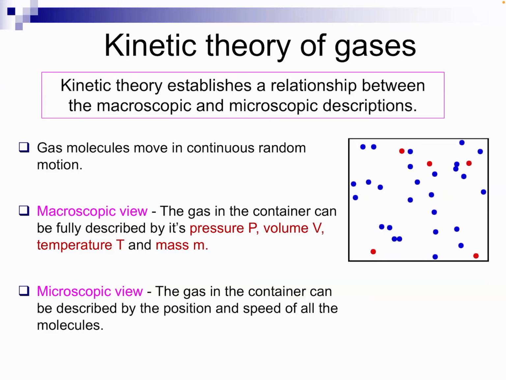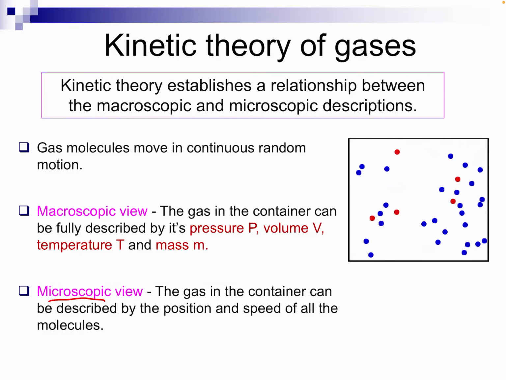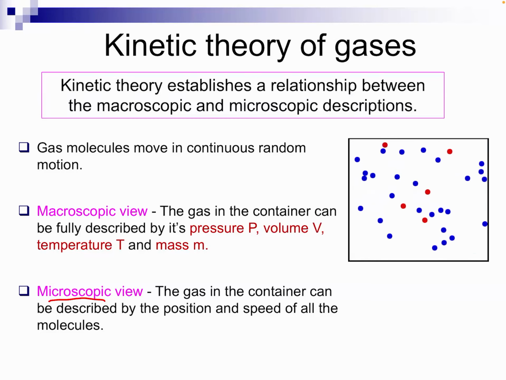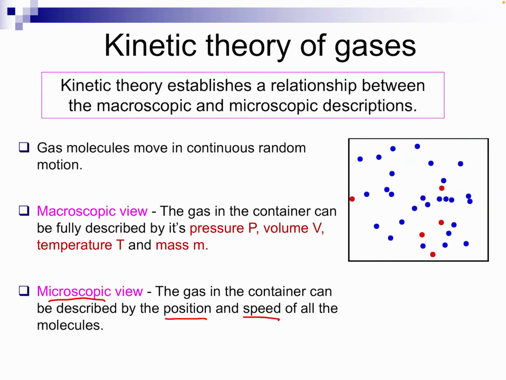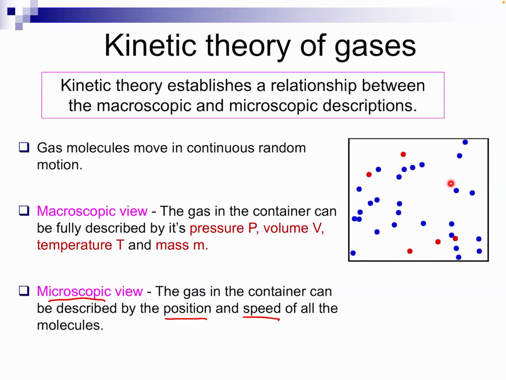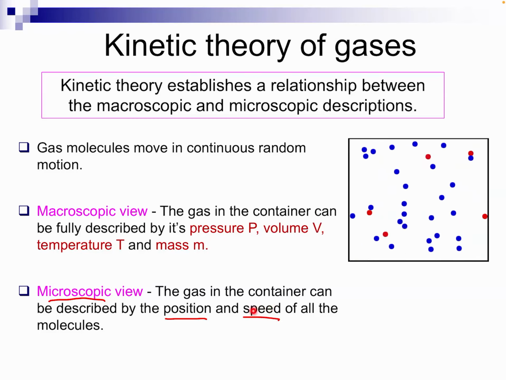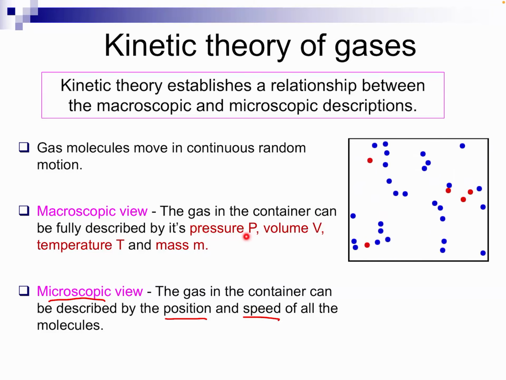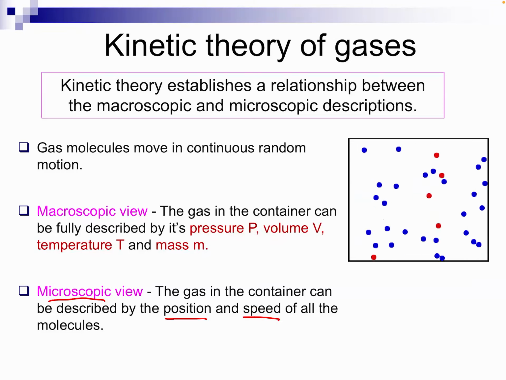Microscopically, if we want to describe what's happening to the gas particles, we need to state the actual position of the particles at any given time and the speed of the particles at any given time in relation to what's happening to the pressure, volume, and temperature.